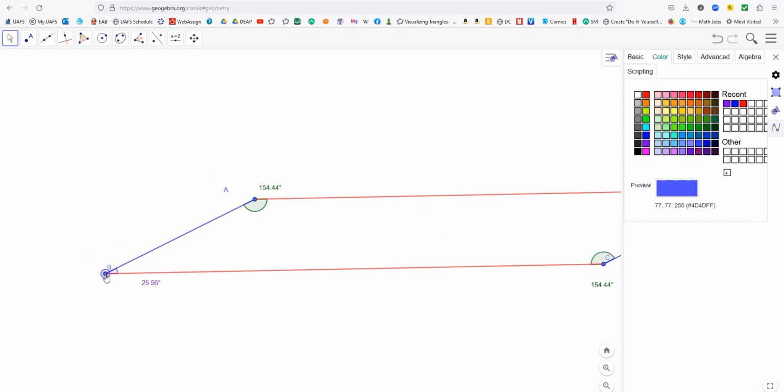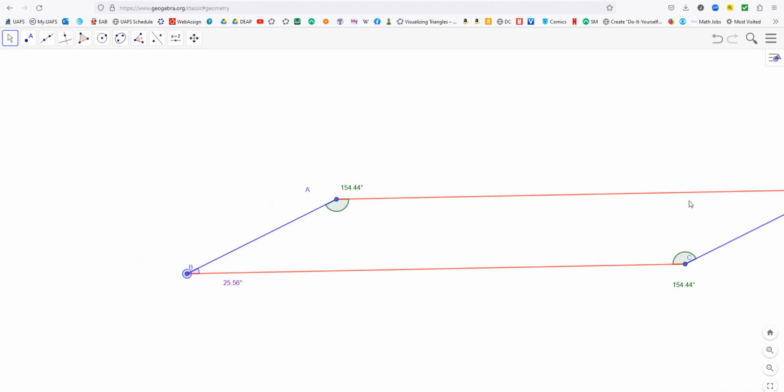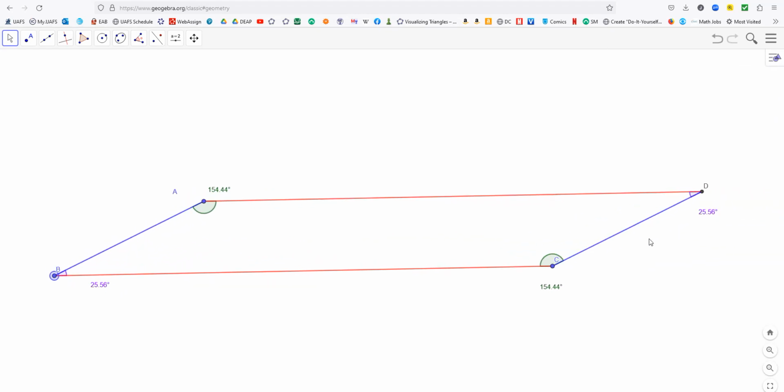Okay, how can we prove this? And I said you could prove it without making any extra drawings on here. Well, the thing to remember is if these two lines are parallel, which they are, these two angles must be supplementary.